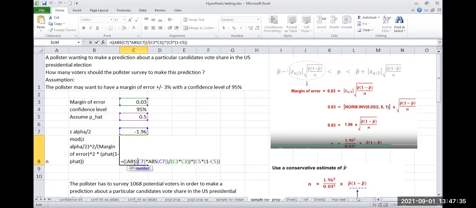Here you will have absolute of z alpha by 2, 1.96, into absolute of z alpha by 2 by your margin of error, into margin of error, into your p hat into 1 minus p hat.